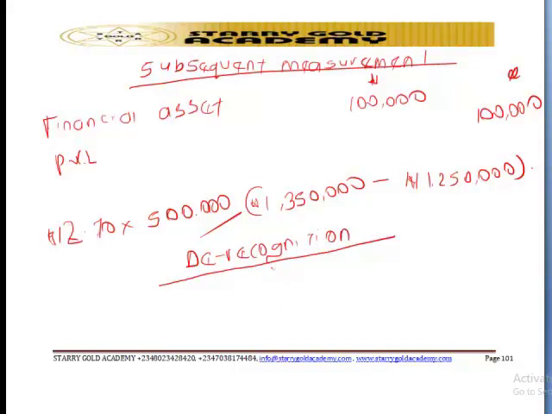A financial instrument is a particular transaction that gives rise to a financial asset on one entity, and also gives rise to a financial liability or equity on the other entity. So as it is a financial asset here, it's either a financial liability or equity in another entity.